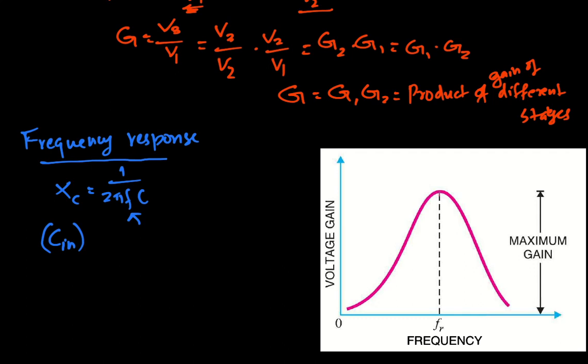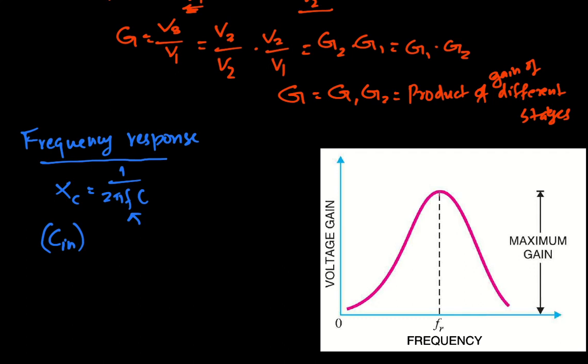So if we analyze the dependence of the output voltage of a transistor amplifier on frequency, we can see that initially the voltage gain increases with the frequency and reaches a maximum, and after this maximum value the voltage gain decreases with an increase in frequency.